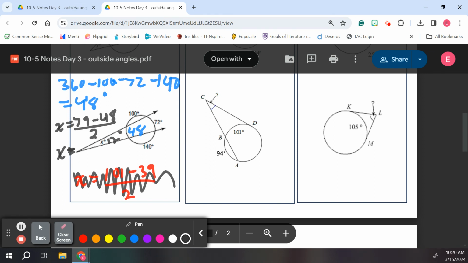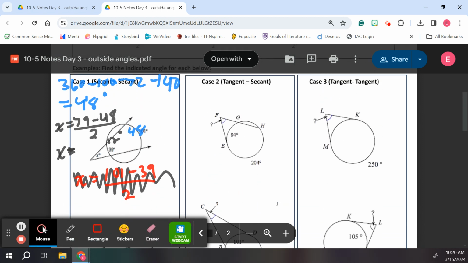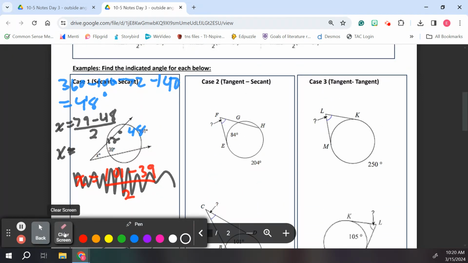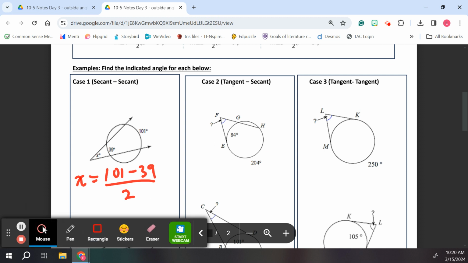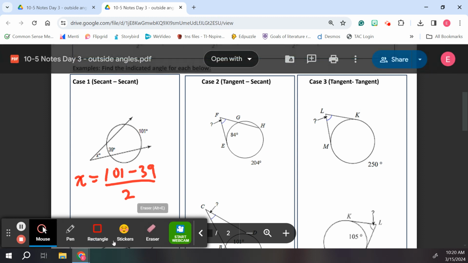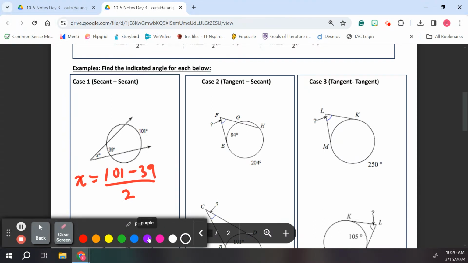Questions on that? Okay, case 2, we have a tangent secant, sorry. So in this case, if we're going to find the measure of angle F, we're going to state that the measure of angle F equals the large arc 204 minus the small arc 84 divided by 2.